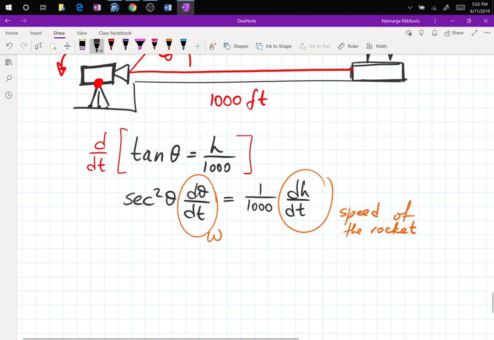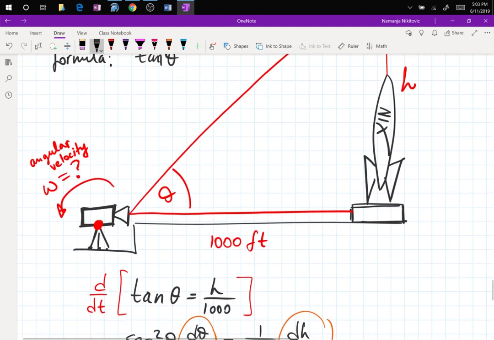kick secant to the other side because we are looking for d theta dt. So d theta dt, let me write, angular velocity equals how fast the camera is turning.